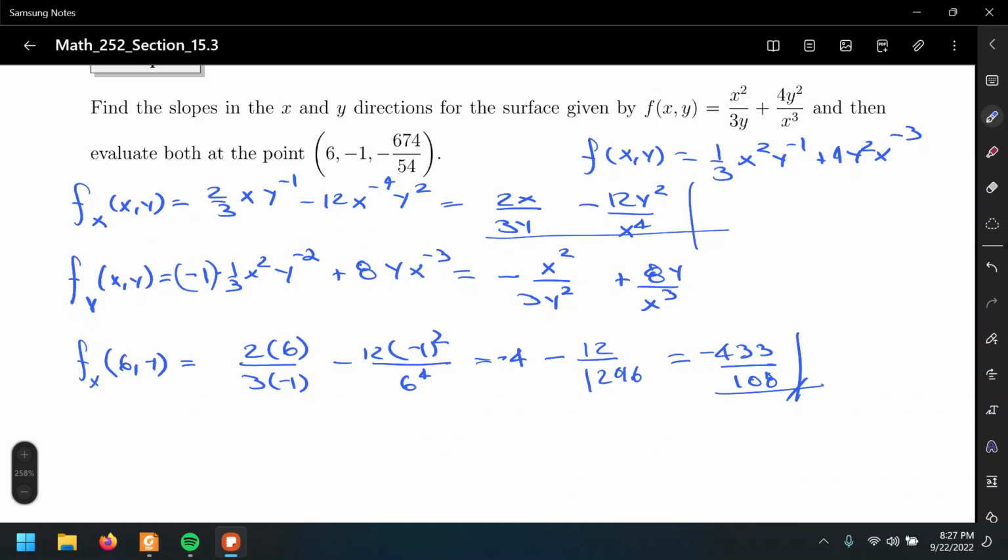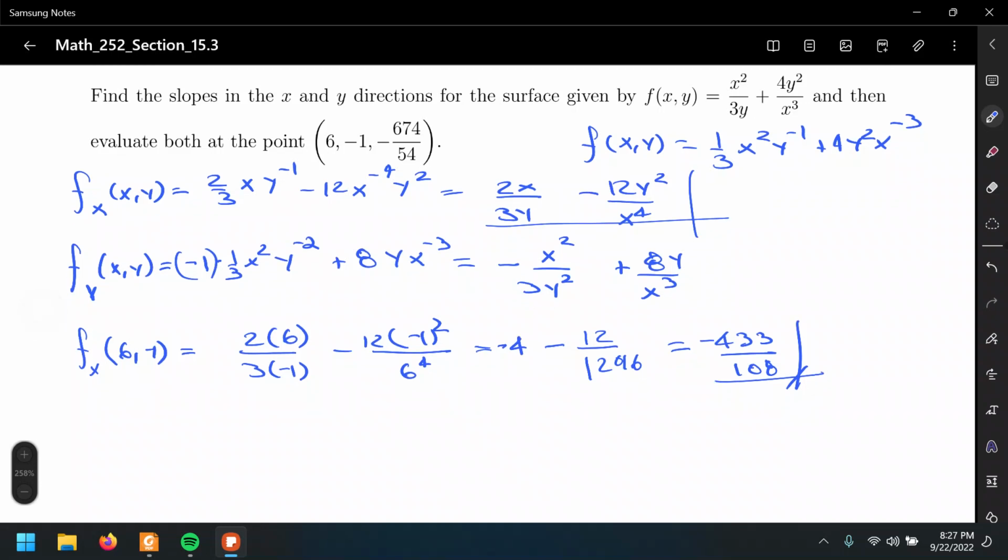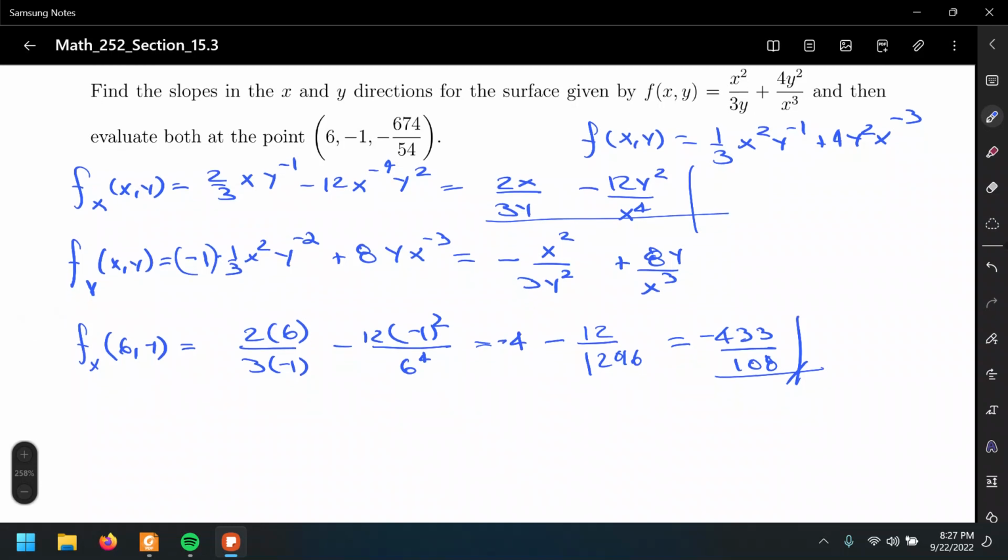After using the frac command on your calculator. Let's evaluate. Negative x, which is 6 squared, over 3 times negative 1 squared, plus 8y, which is negative 1, over x cubed, so that's a 6 cubed.